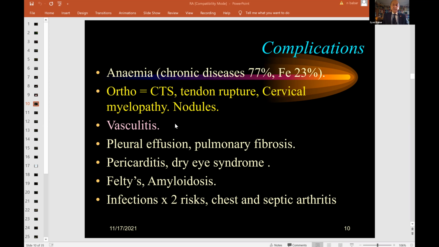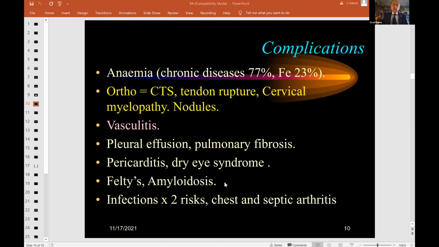There is usually, in complicated cases, some pleural fibrosis and pleural effusion. Similarly, there'd be pericarditis or Sicca syndrome. Felty's syndrome is also associated, which is presence of rheumatoid arthritis, splenomegaly, and lymphocyte intense multiplications.